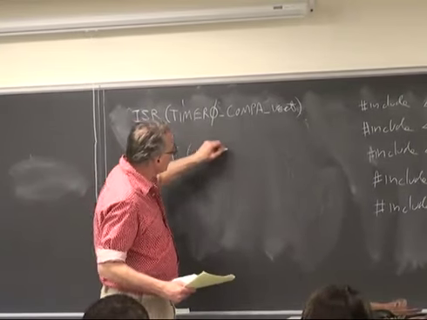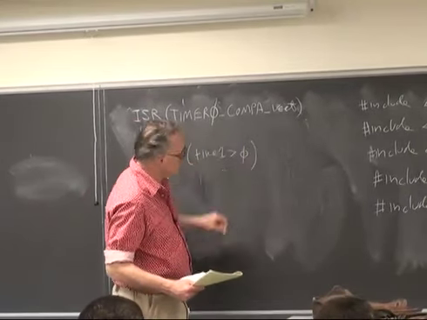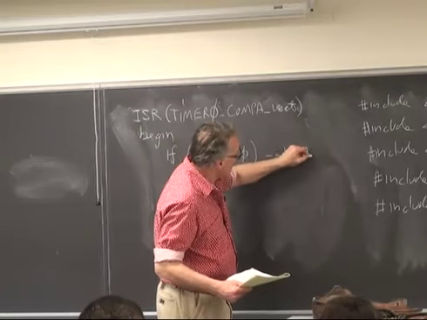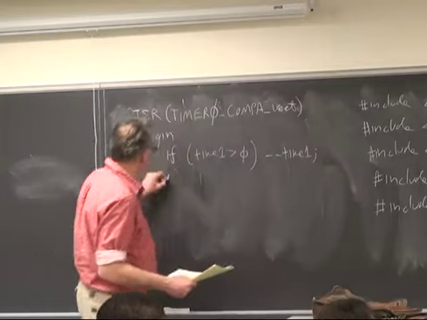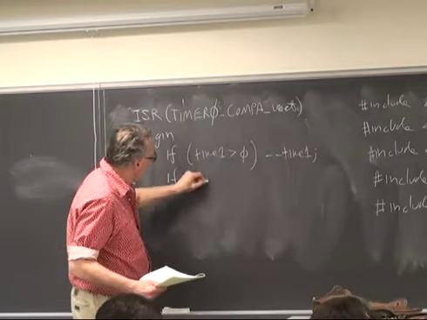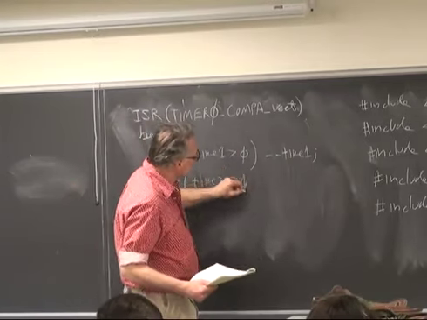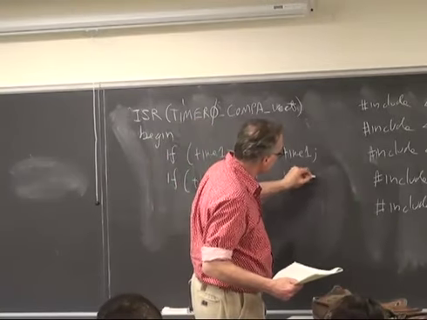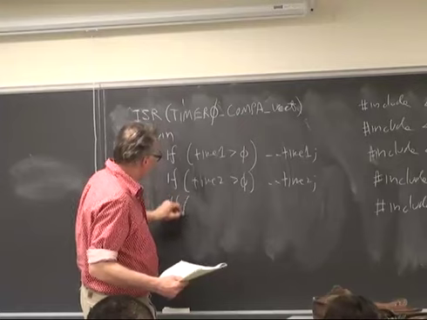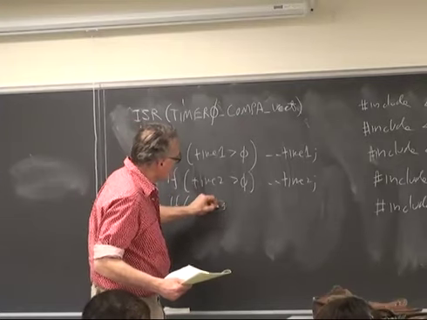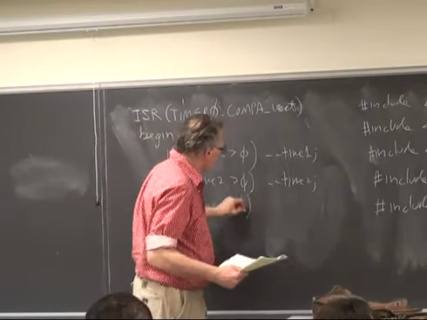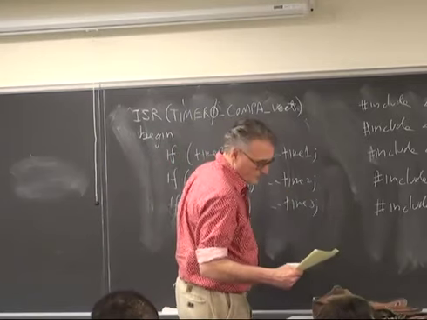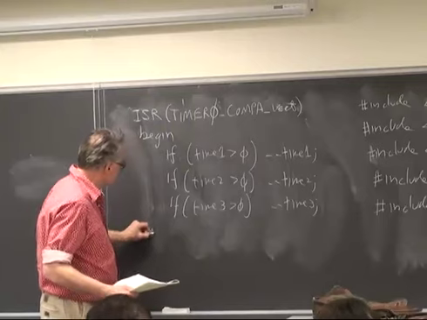So if time1 is greater than 0, then we're going to decrement time1. If time2 is greater than 0, we're going to decrement time2. If time3 is greater than 0, we're going to decrement time3, and then end.